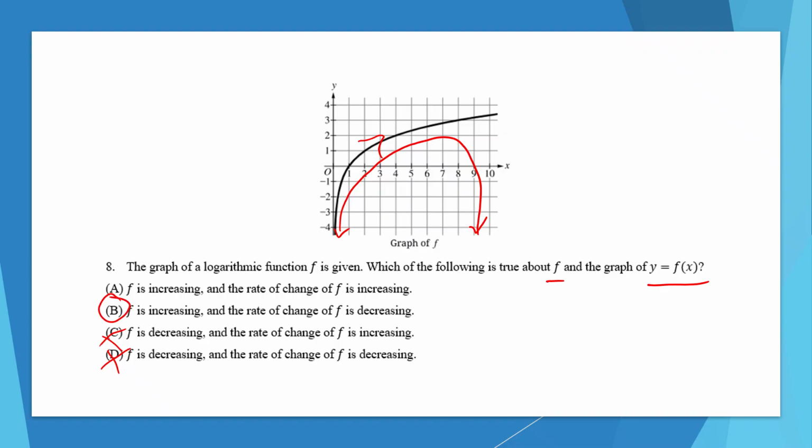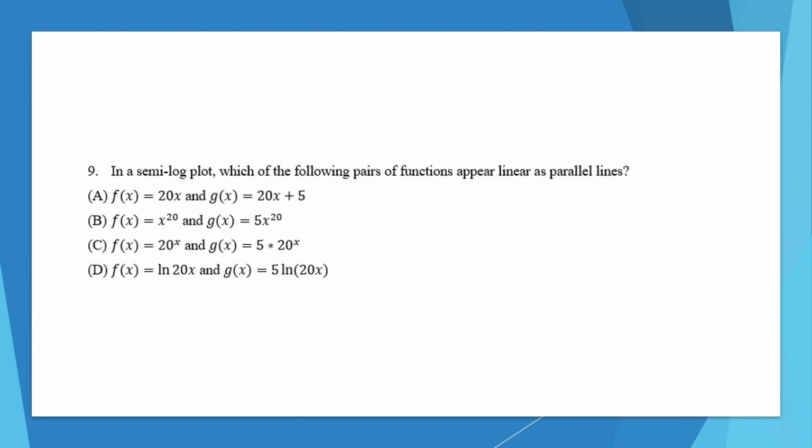For number 9, in a semi-log plot, which of the following pairs of functions appears linear as parallel lines? This is going to be a question that's very similar on your test and was very similar in the notes for 2.15. So remember, a semi-log plot will turn exponential equations and make them appear linear.